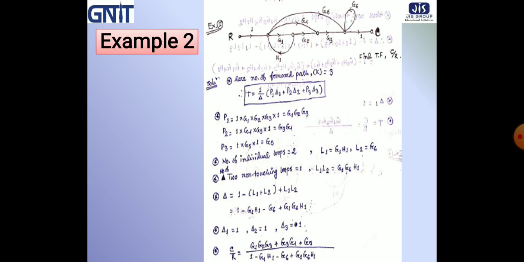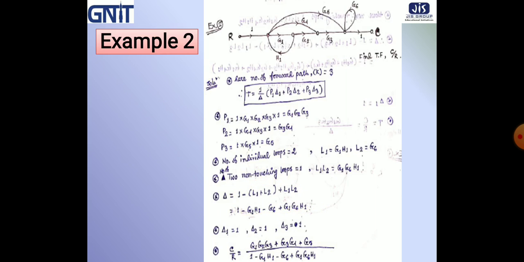So that will be L1 into L2, and we will get G1 G6 H1. So delta will be 1 minus the sum of all individual loop gains, that is L1 plus L2, plus the sum of the products of all possible combinations of two non-touching loops. So that will be L1 into L2. So if you put all the values, then we will get this equation.